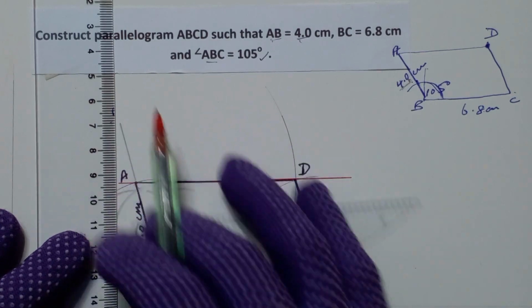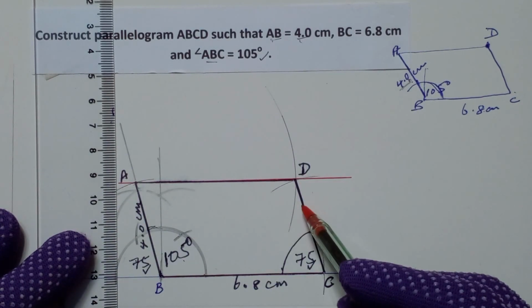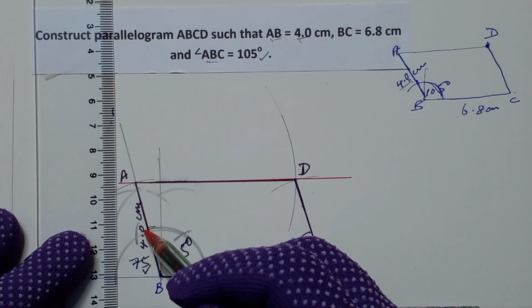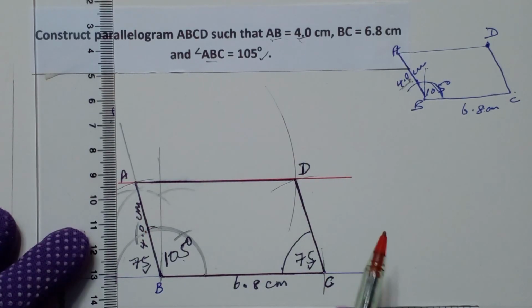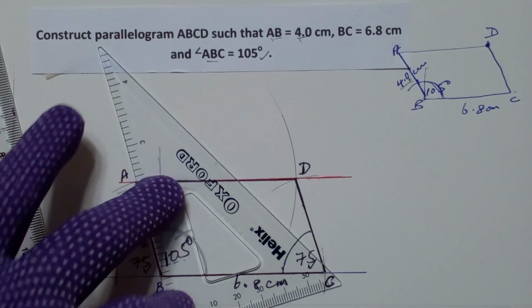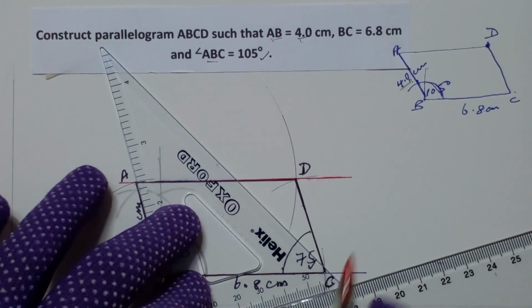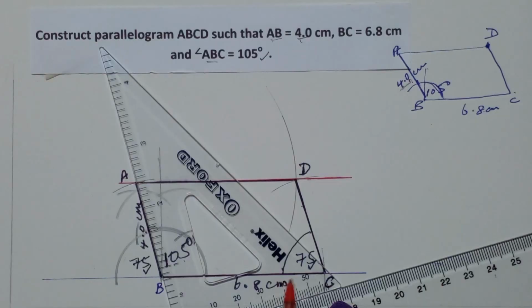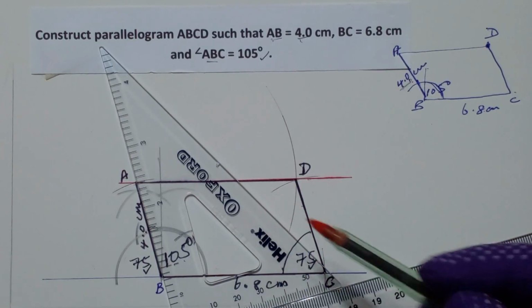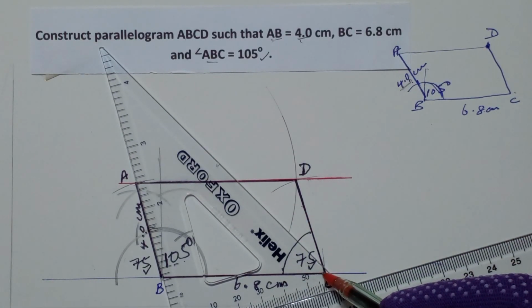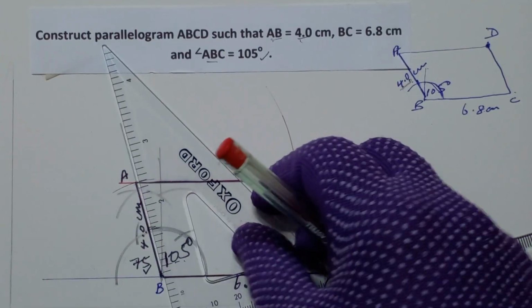You also need a parallel line from C, parallel to this. You set your set square like that. Remember, we want a parallel line from C parallel to AB.